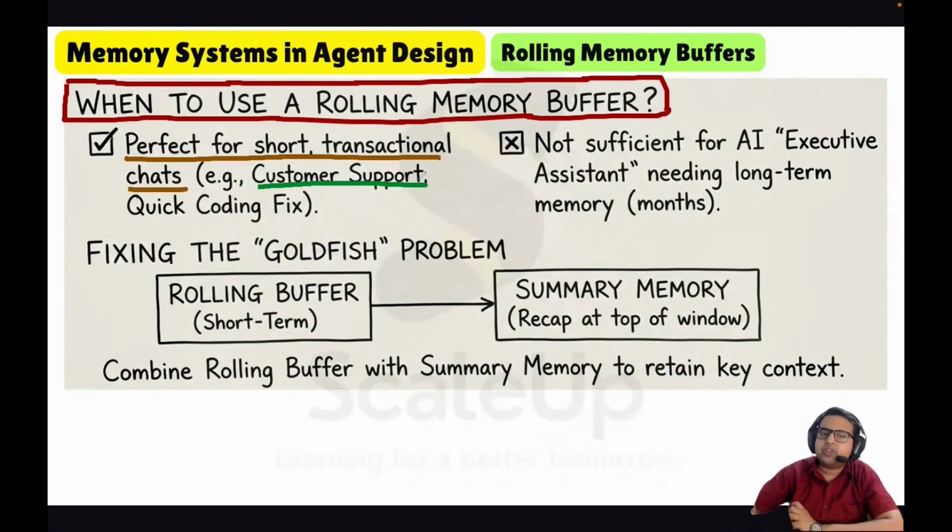Like you ordered something, there was some issue, so you went to customer support, and the interaction will be in the short run. So there you can use a rolling memory buffer. For short transactional chats like customer support or a coding fix, you can go for rolling memory buffers.